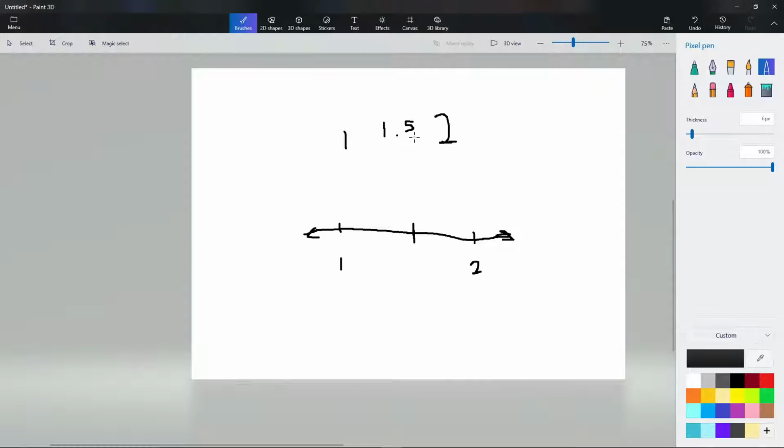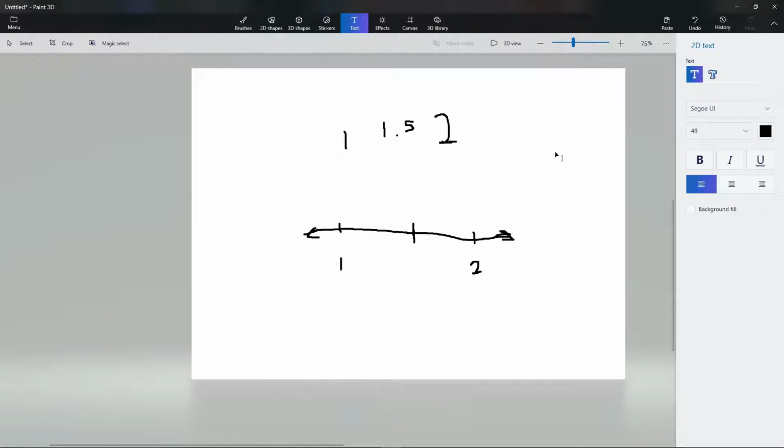It's proper to call it the 10th place. What follows the 10th is the 100th, and then the 1000th, and so on and so forth.